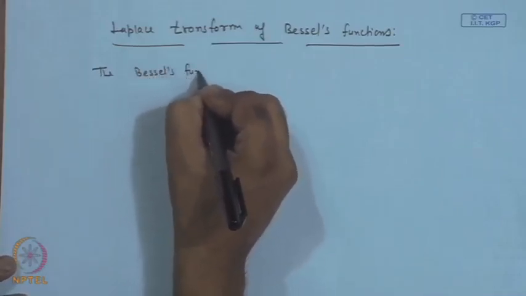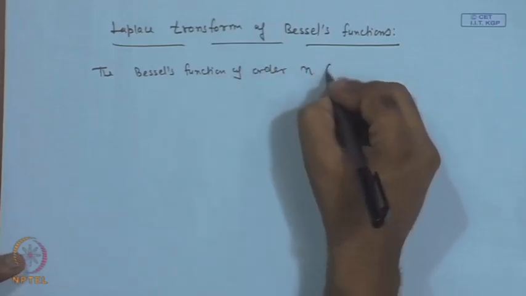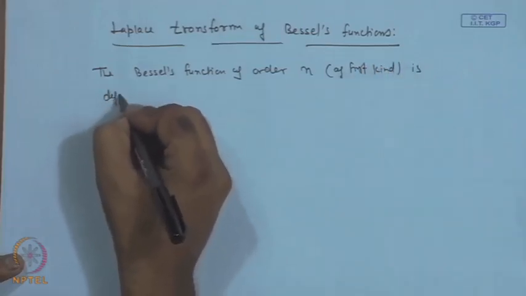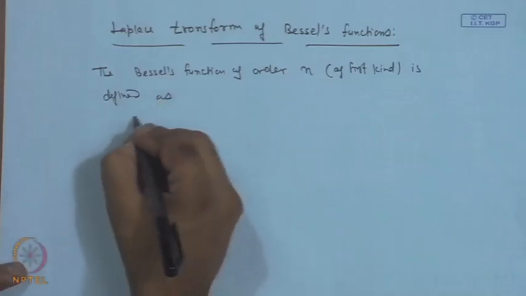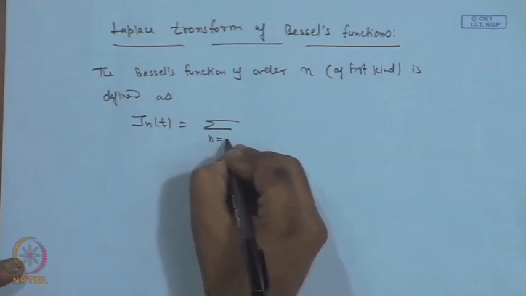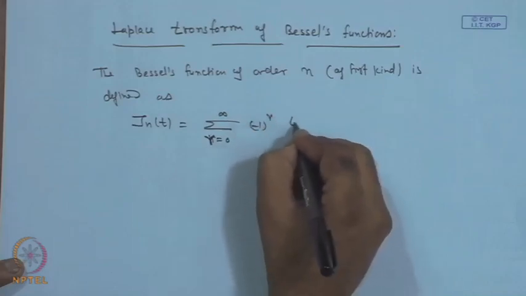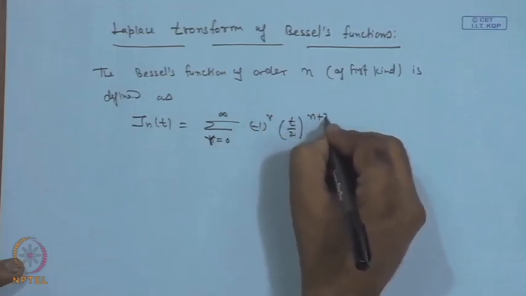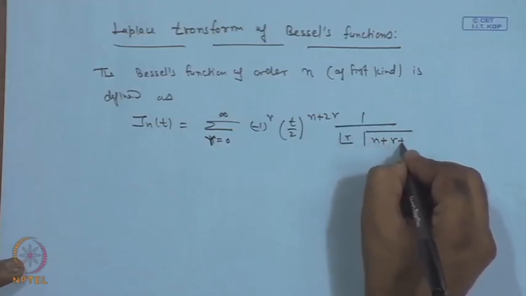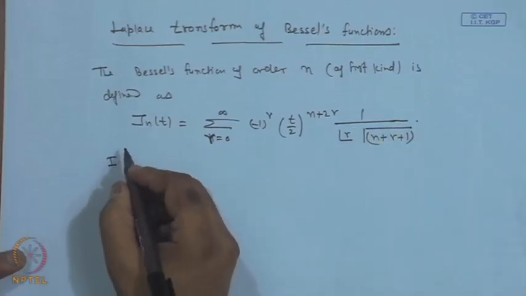So, Bessel's function of order n, or of first kind, is defined as J_n(t) is the sum from r equals 0 to infinity of (minus 1) to the r, (t over 2) to the n plus 2r, times 1 over factorial r and gamma(n plus r plus 1). This is the definition.